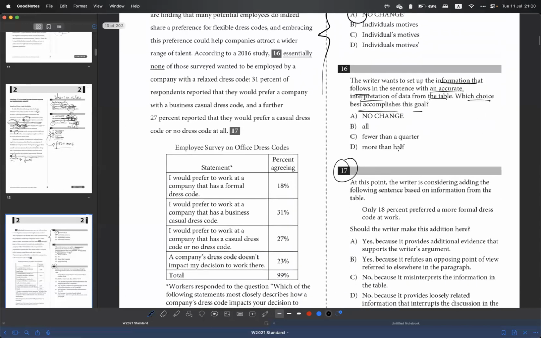Let's check, because a graphical question is just apparent. According to a 2016 study, essentially none of those want to be employed by a company with a relaxed dress code. 31% would prefer a business casual dress code. 27% casual or no dress code.